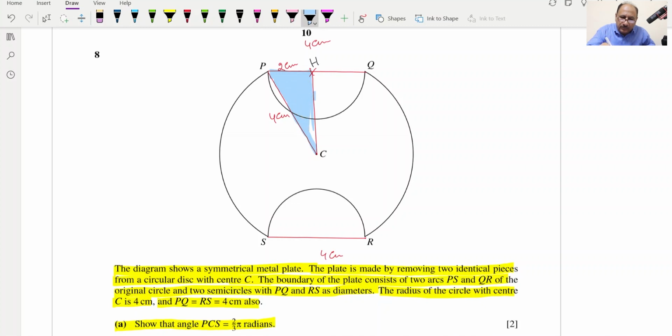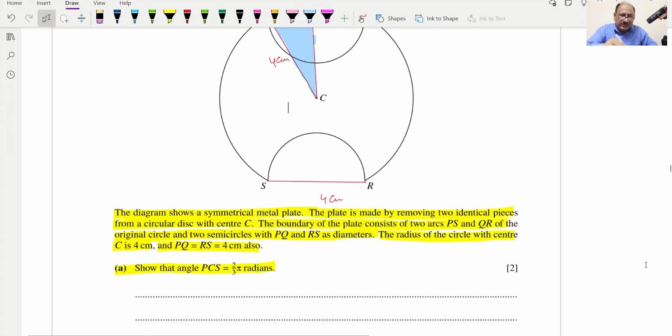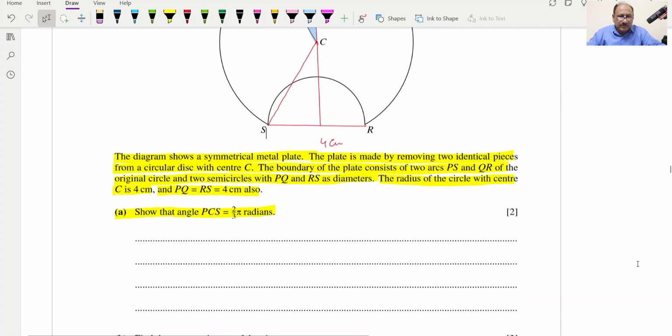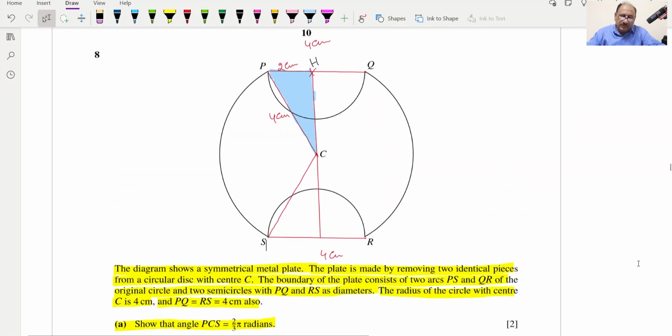Similarly, the same type of drawing we can draw by joining this midpoint and this one also, and we will go ahead. So sine theta, we can find this angle, and this angle is what?